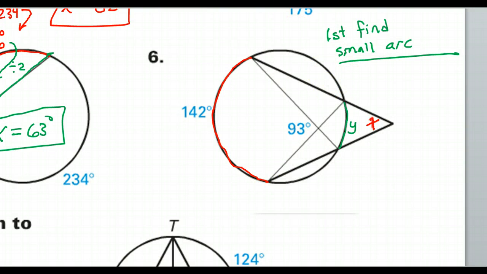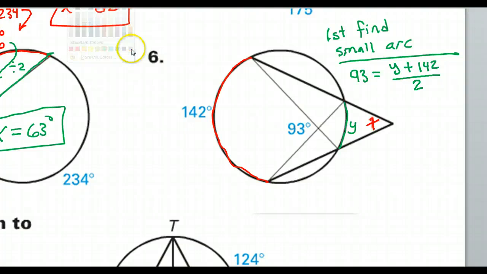So that becomes angle, which is 93, equals arc plus arc divided by 2. That's the formula. Notice this 93, the angle, always goes by itself here in the formula. And I will solve this by multiplying by 2 on both sides like this. So those are going to cancel each other out.